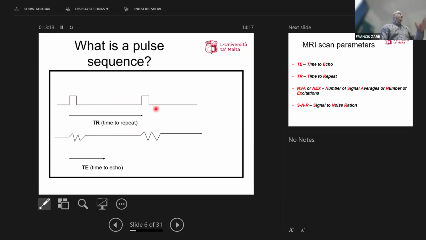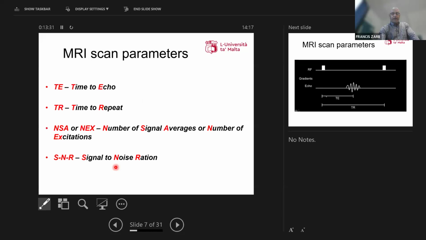It's going to be the same because you want to receive the same echo at the same time interval and you want to build on the same signal, not a different signal. All right? So TR, time to repeat; TE, time to echo, from where we get the signal.